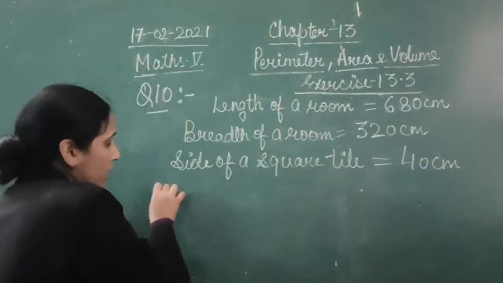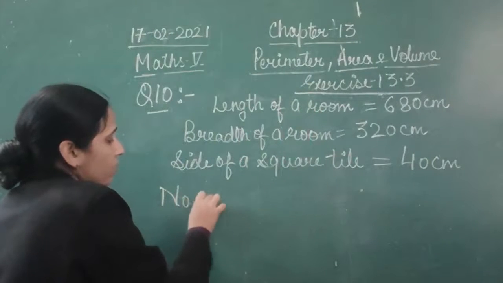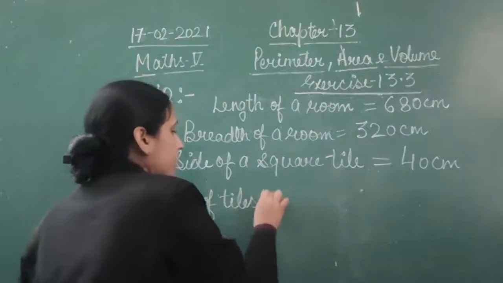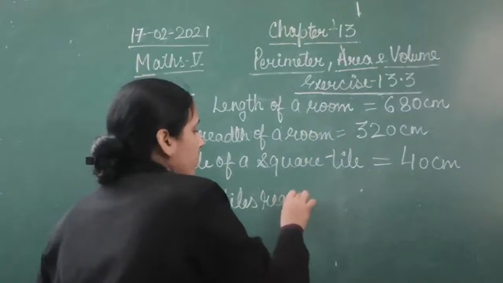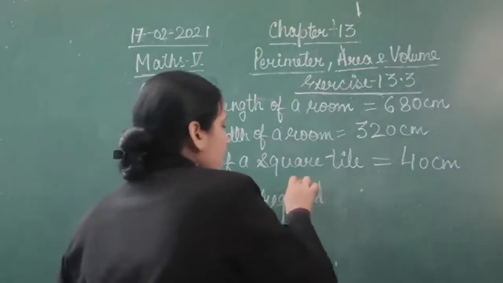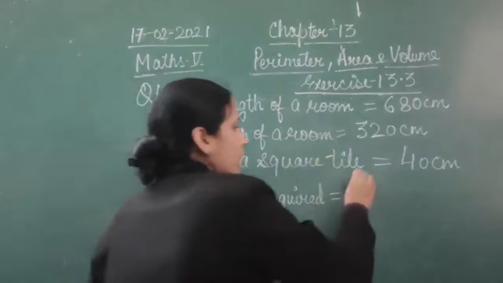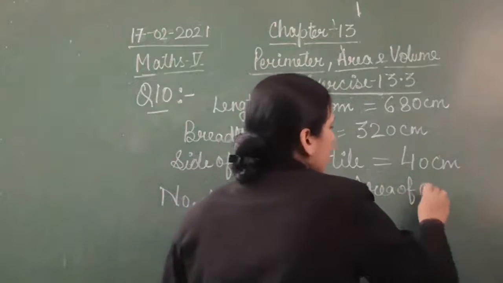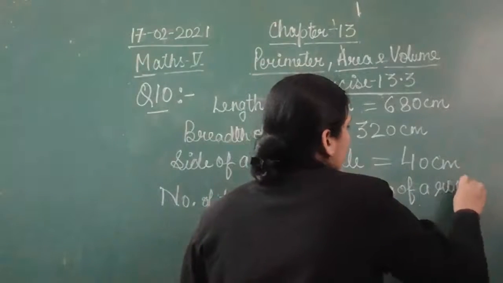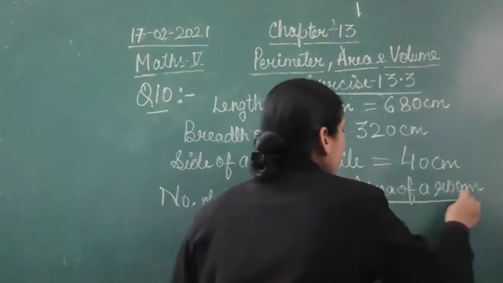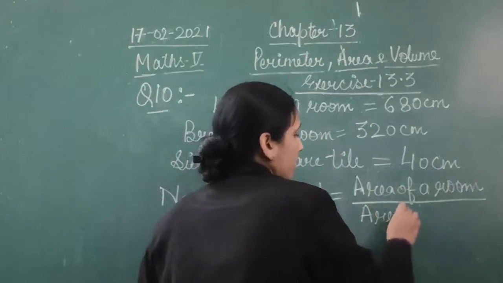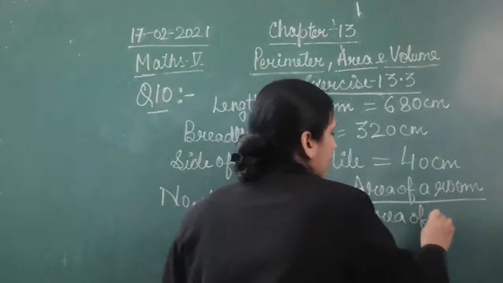Now you have to find the number of tiles. Number of tiles required will be equal to the area of a room divided by the area of a tile.